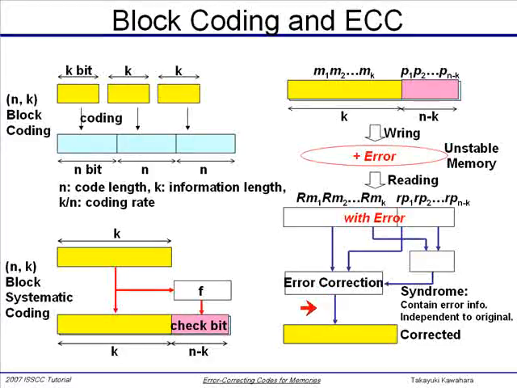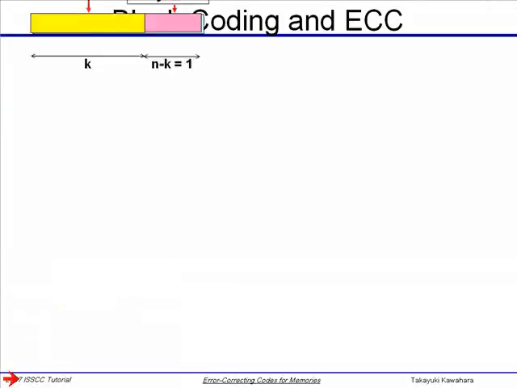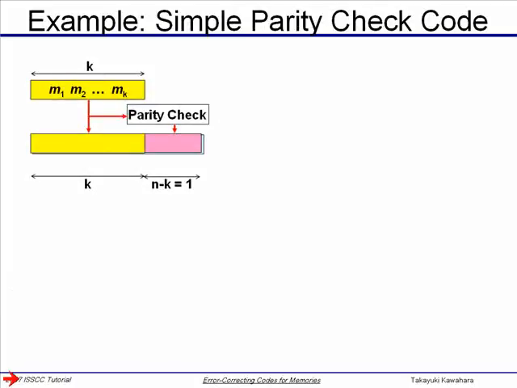Okay, so let's look at an actual example. I only check the first part of this mechanism. To make the story simpler, I assume the additional bit is only one. That is called the simple parity check code. So this is only the parity of the original data.